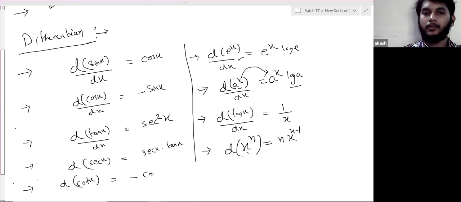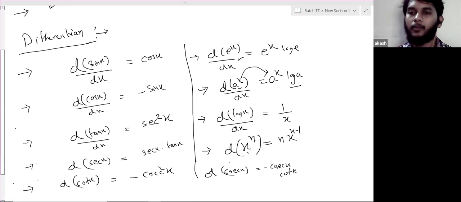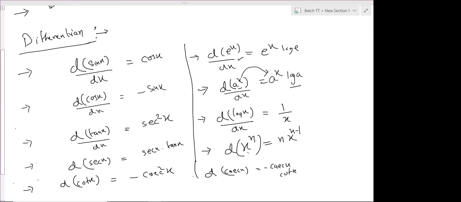All right, and write cot also. Cot is minus cosec square x, and differentiation of cosec x is minus cosec x into cot x. These are all. Sahil, this is clear? Very important formulas. Yes, sir. Clear, sir. All right, note it down.